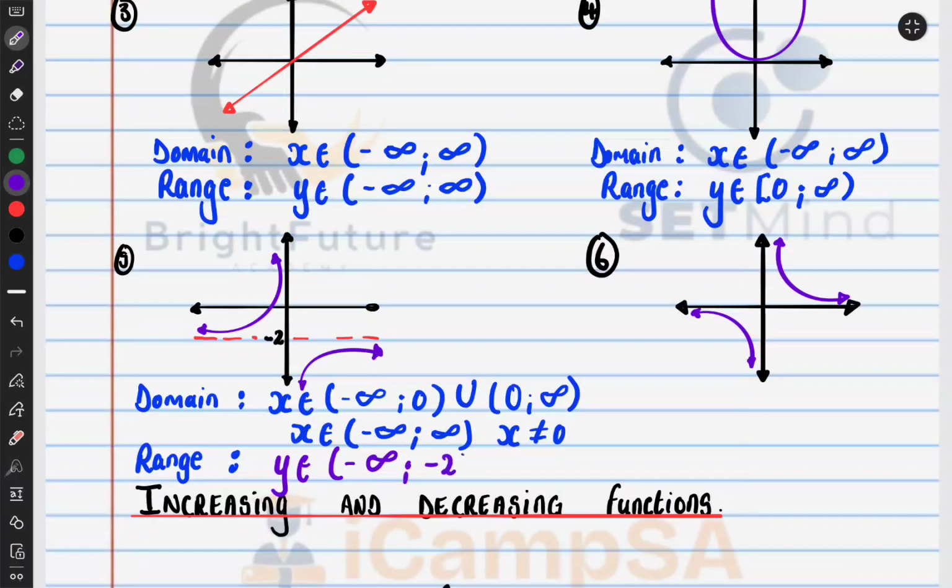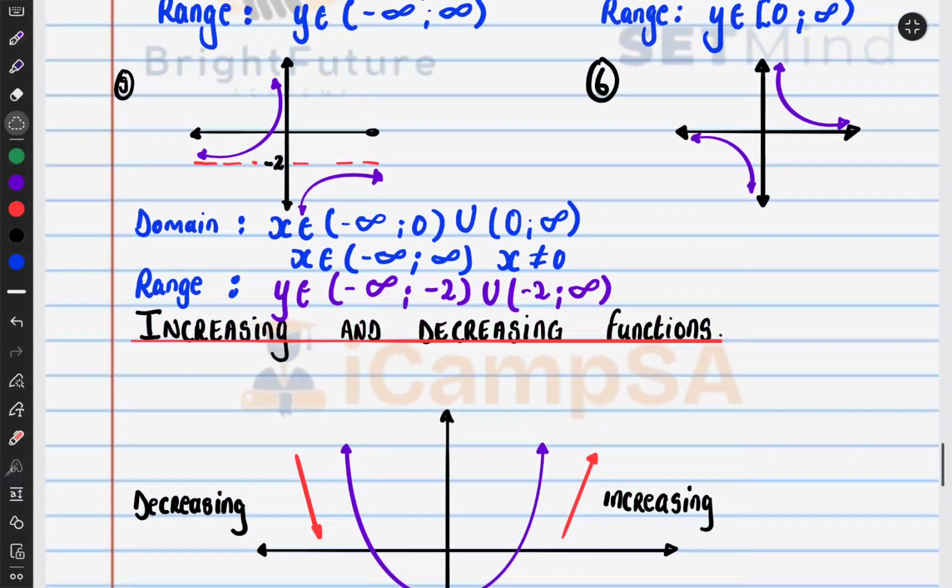To negative 2, round bracket. Negative 2 is not part of this function. Union negative 2, round bracket, to positive infinity. Okay, there we have that.